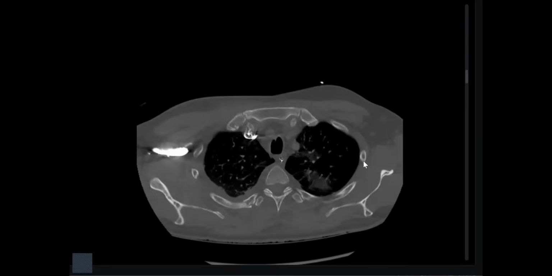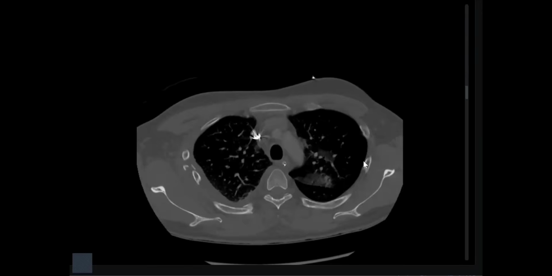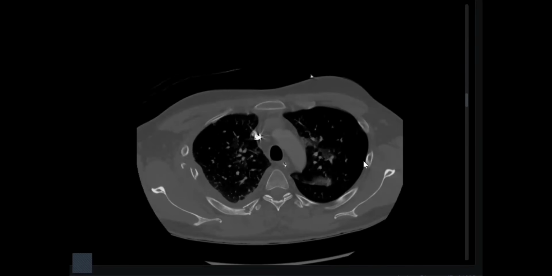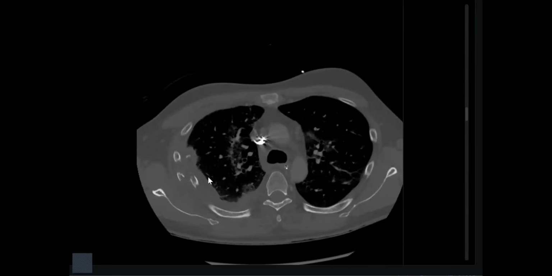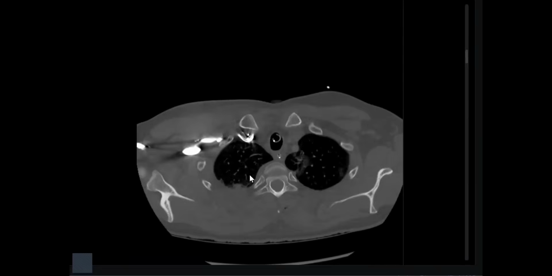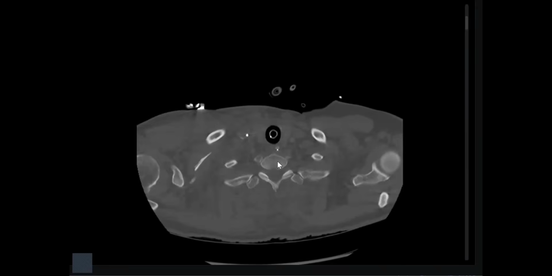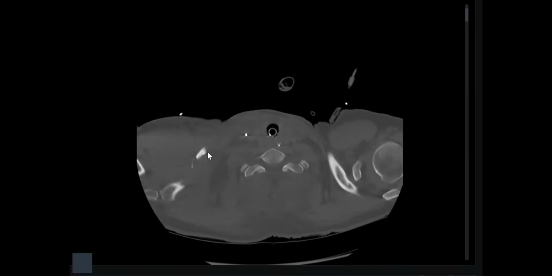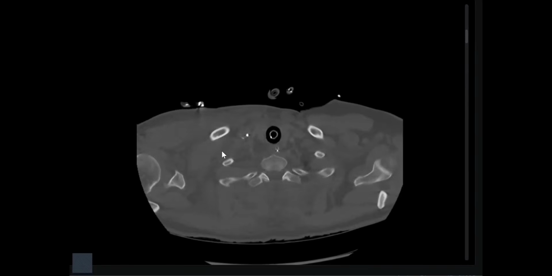So I have been provided a CT scan of the chest, bone window. Here on the right side, we are seeing a displaced fracture of, I'd like to count the ribs from cranial to caudal, and we are also seeing a lateral end of clavicle fracture.